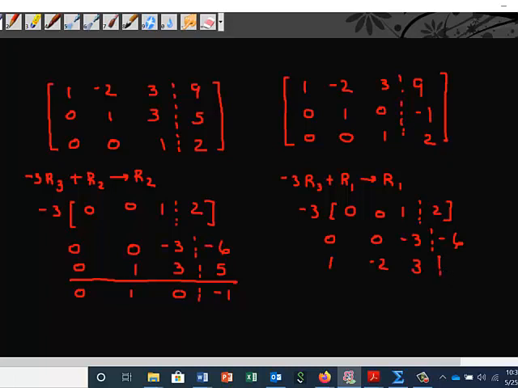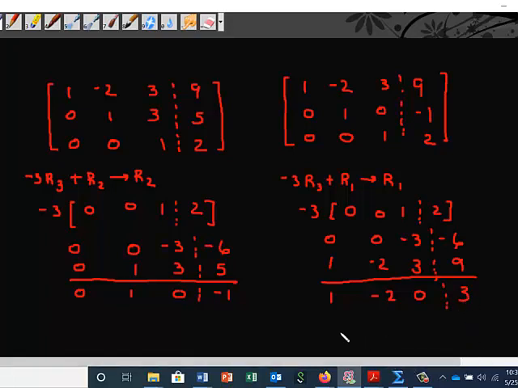Oops, make sure this is neat. Okay, so that's 9. This will be 1, -2, 0, and this is going to be 3. So that's our new row 1 for now.